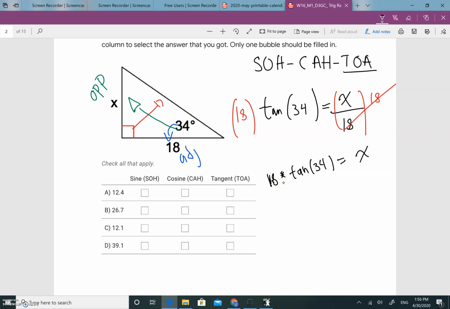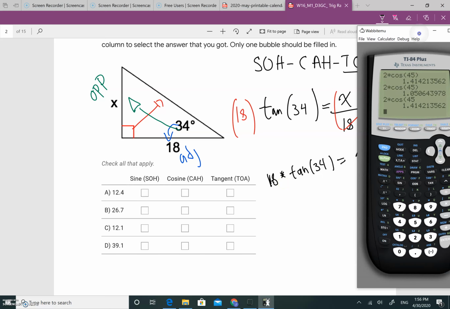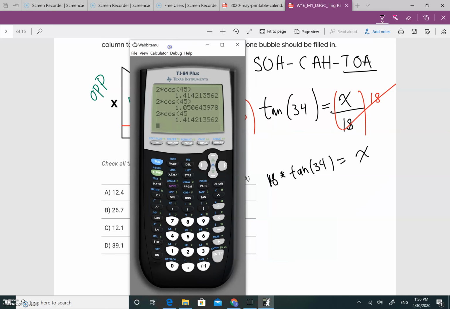So this is what I have to put into the calculator. We have to put 18 times tangent 34, and then close parentheses, is equal to 12.14.